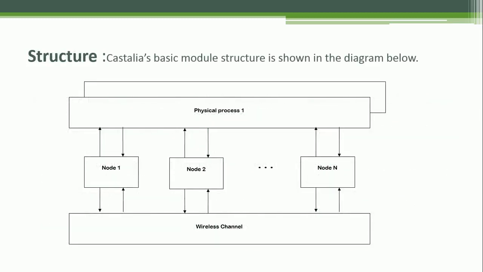Now we go through the structure of Castalia. Castalia has three layers. The low layer is the wireless channel, the first layer.